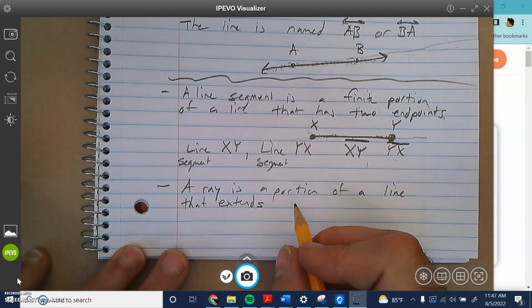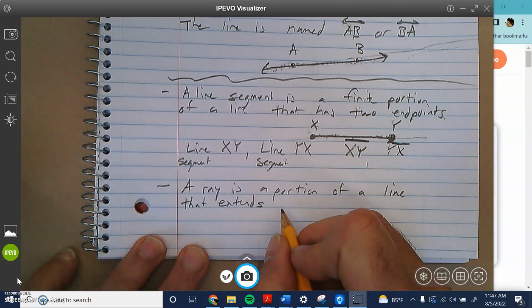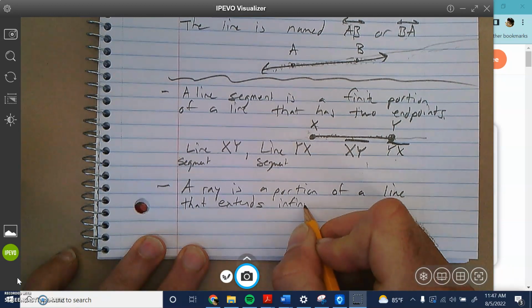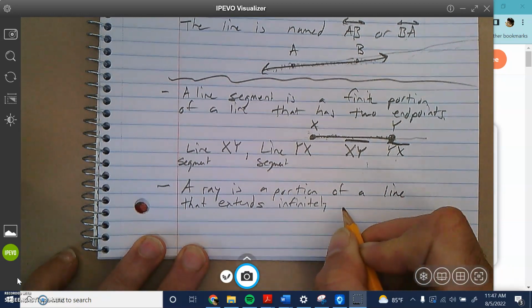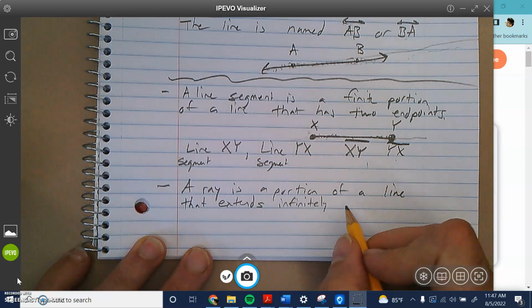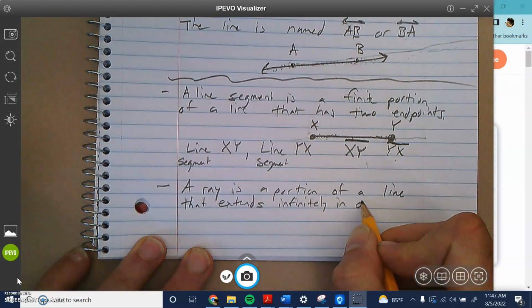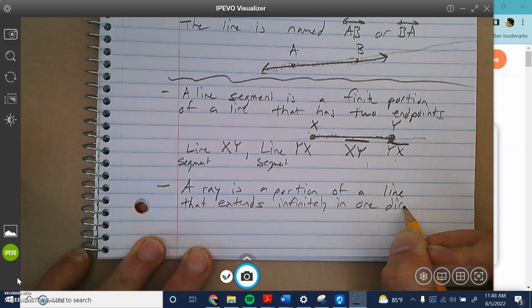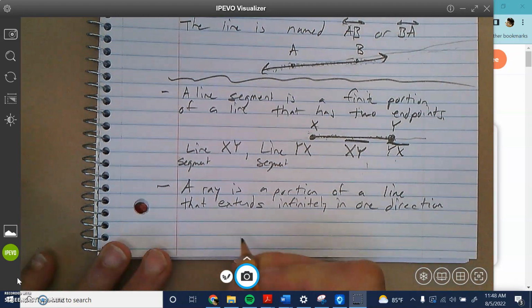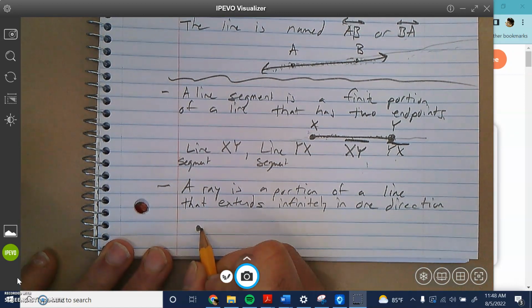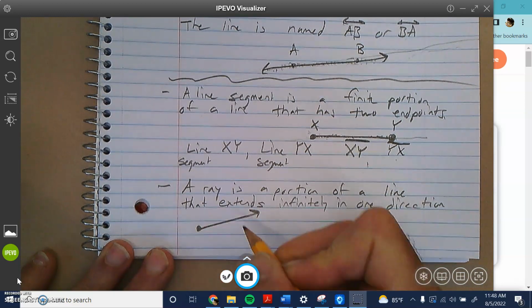A ray is a portion of a line that extends infinitely in one direction. So it starts on an endpoint and it goes that way forever.